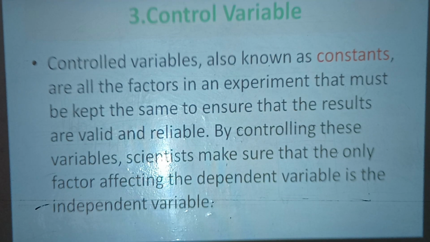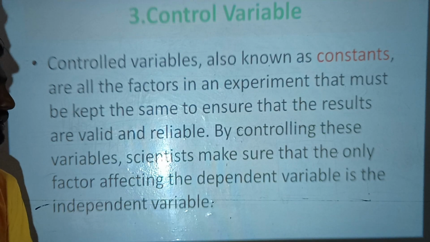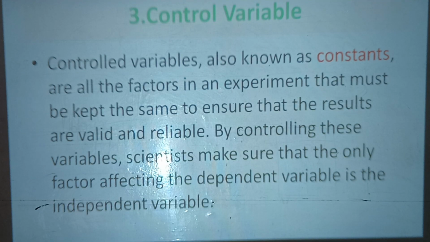Here we understand what control variables are. Control variables are also known as constant variables. Constants are all the factors in an experiment that must be kept the same to ensure that the results are valid and reliable. By controlling these variables, scientists make sure that the only factor affecting the dependent variable is the independent variable.